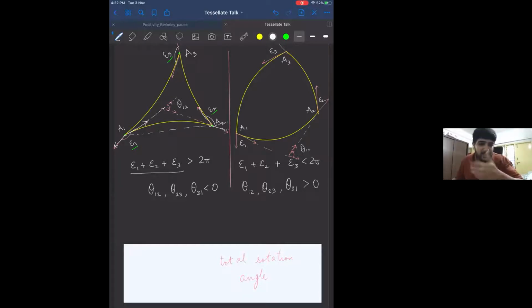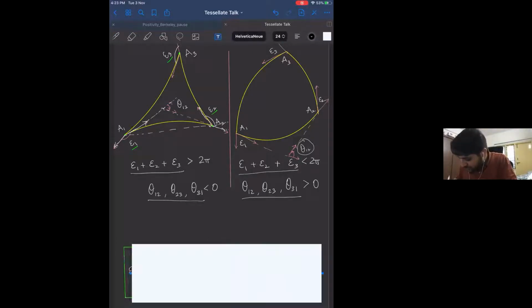And if the angle turns anti-clockwise, you call it the positive angle. So for the triangle on the left, all the angles would be negative, right? On the other hand, for the fat triangle, you can do a similar sort of thing, and you would notice that firstly, you would expect that the sum of angles would be less than 2 pi. And all these turning angles, so I've drawn the θ12 here, they would now turn anti-clockwise. So by our convention, they would be positive, okay?